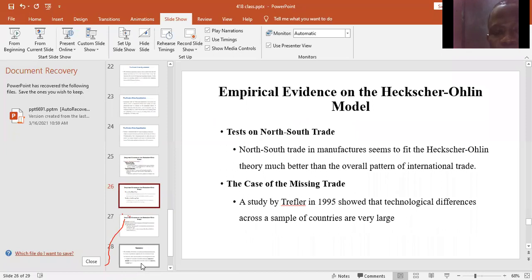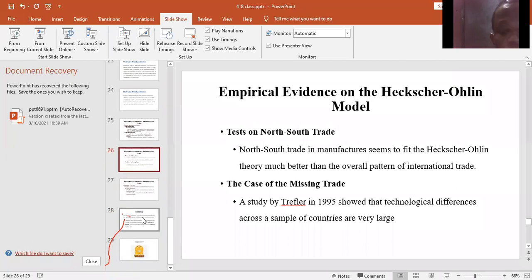Let's take North-South trade in manufactures, for instance. It seems to fit the Heckscher-Ohlin theory much better than the overall pattern of international trade. The case of missing trade is another piece of evidence that the theory is not as expected.